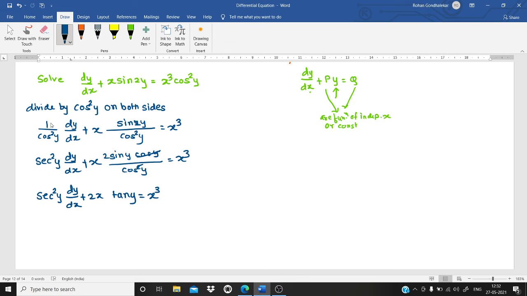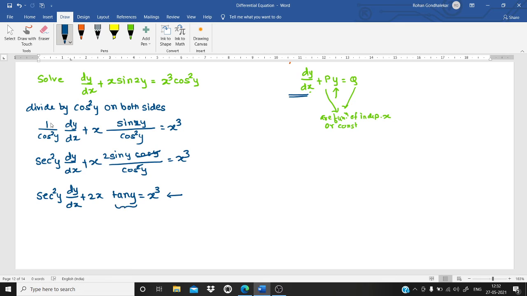Now again look at the new differential equation. Again the multiple of dy by dx is sec square y. What is required here? The multiple of dy by dx should be 1, then p into y raised to 1. But instead of y, the term you have is tan y. So now what to do? This can be reduced into a linear form. How?